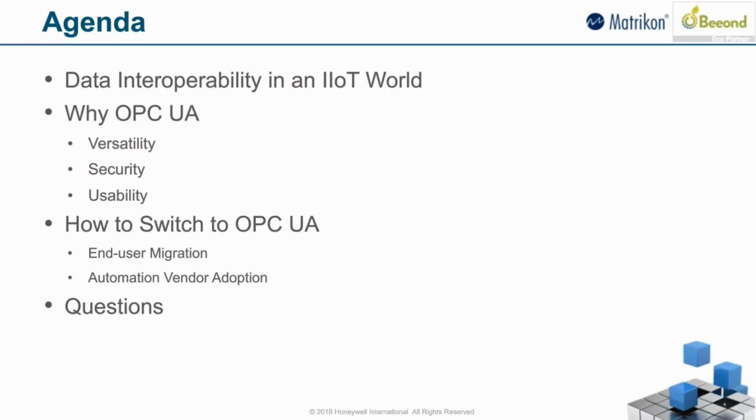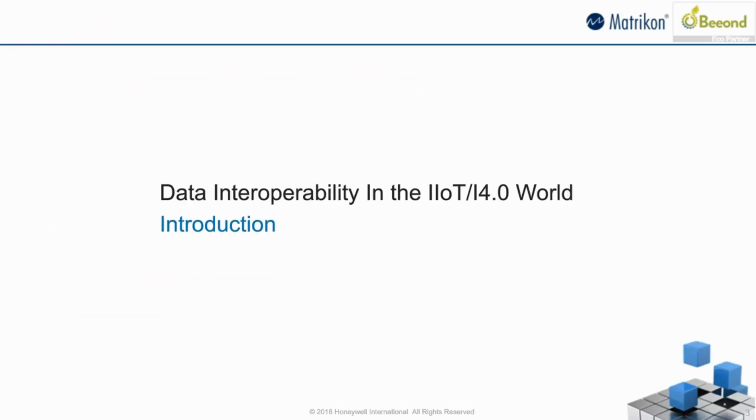And then Stan, since they do a lot of the consulting work for us as one of our eco-partners, and do a lot with OPC UA, will cover what you can do next, with a focus both on end users and on automation vendors or developers, because there are two sides to this: those who need to implement the technology and those who need to adopt it and start using it. Okay, so let's take a look at the first part, data interoperability in the IIoT and Industry 4.0 world.